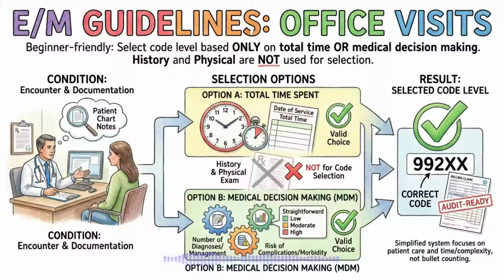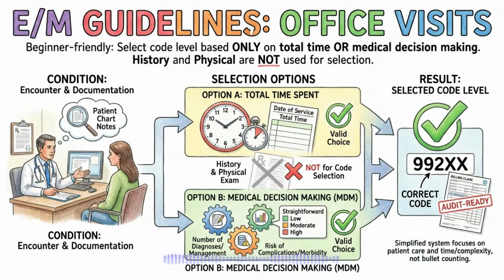Under the modernized E/M guidelines, you will select the appropriate level of office visit based entirely on one of two factors, either the total time spent on the date of the encounter, or the level of medical decision-making.